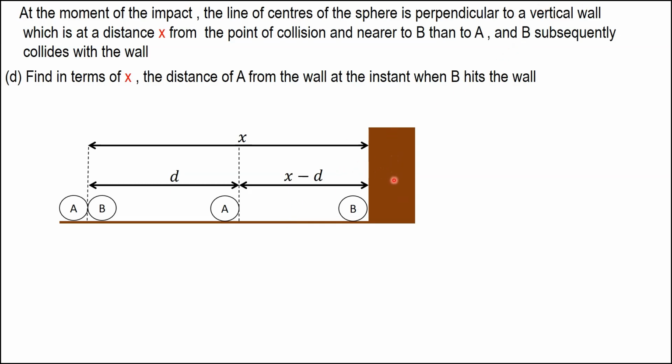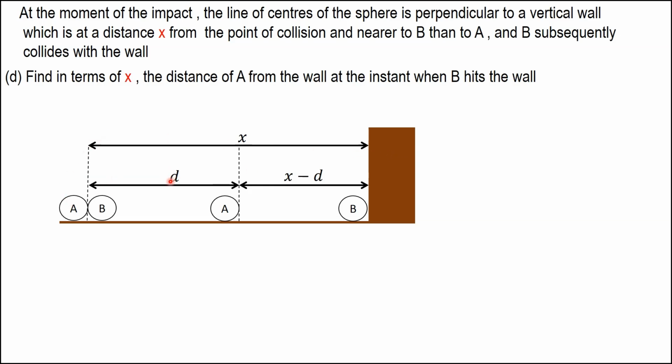So indicating the vertical wall as such, we are satisfying already the condition which says that the line of centers of the sphere is perpendicular to that vertical wall in question. And we are being told that this vertical wall is at the distance x from the point of collision.